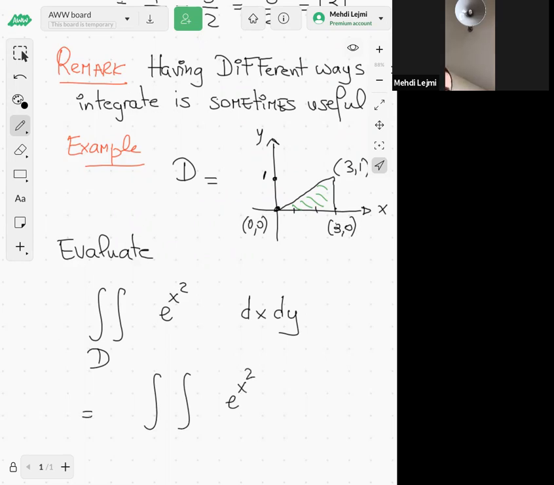If you integrate first with respect to x and then with respect to y, you need to describe D as type 2. In this case, we're going to have dx here, and x is between 3y and 3, and y between 0 and 1.